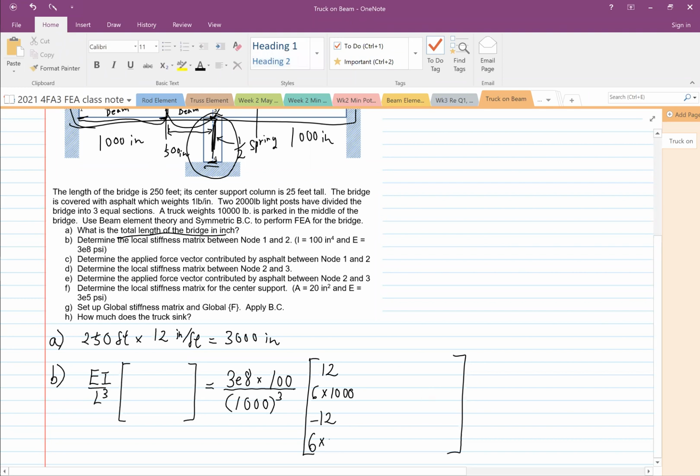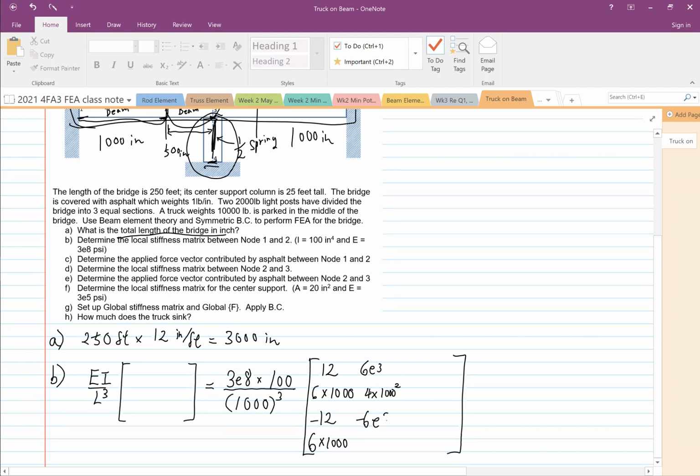Okay, 1,000. I'm getting lazy here, so I just write E6 e to the 3, and then 4 times L square. L square is 1,000 square. Anyways, you know what I mean.